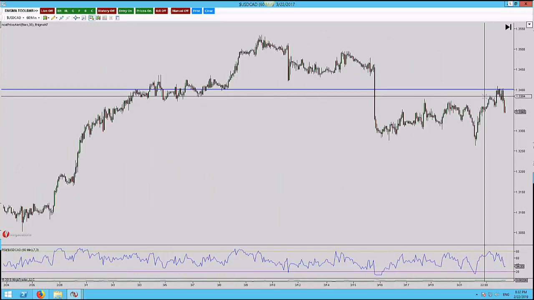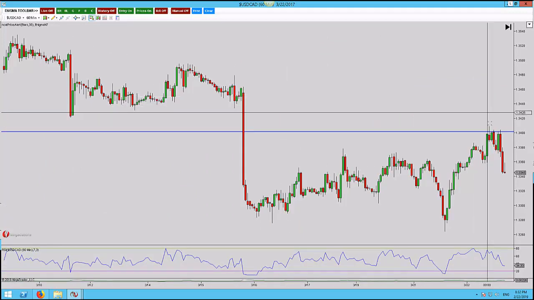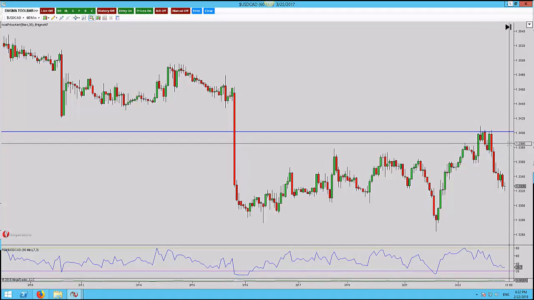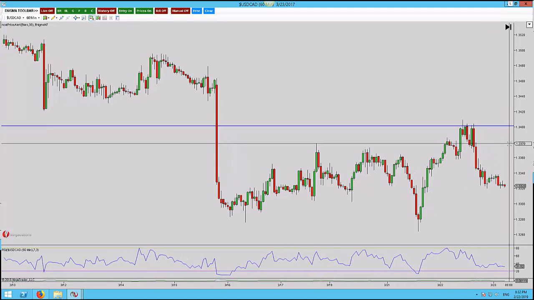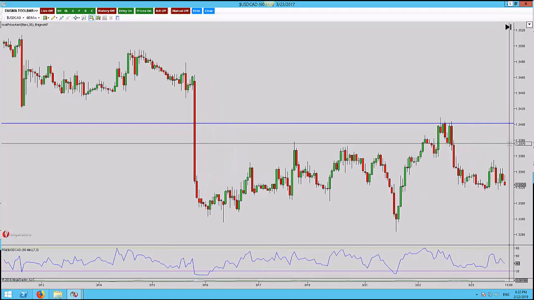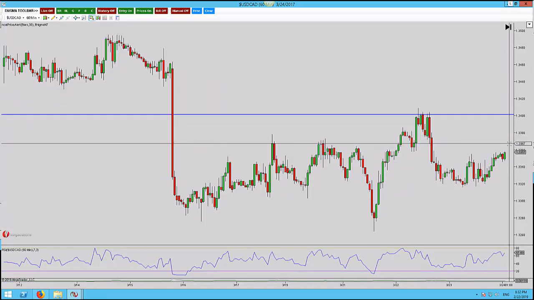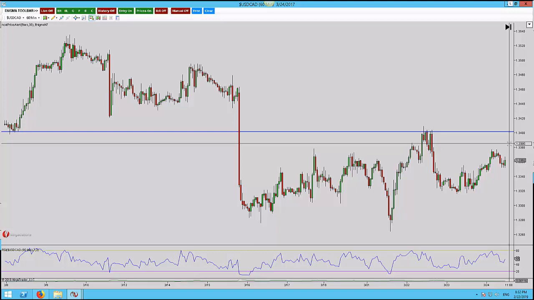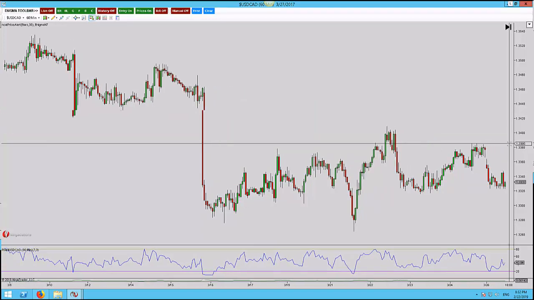Not the best. Let's see if we get a pullback here. No, nothing for me. Let's carry on.